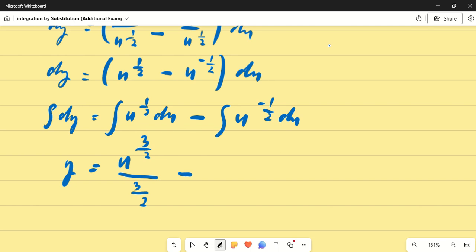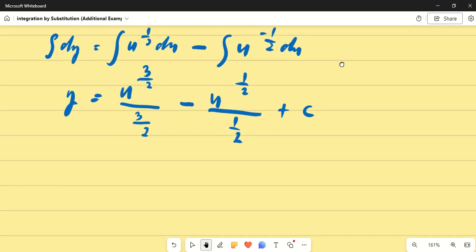So the integral of u raised to negative 1 half du is, of course, negative 1 half plus 1 is 1 half. So you have u raised to 1 half. And in our denominator, you need to write 1 half. Plus, of course, your arbitrary constant c.